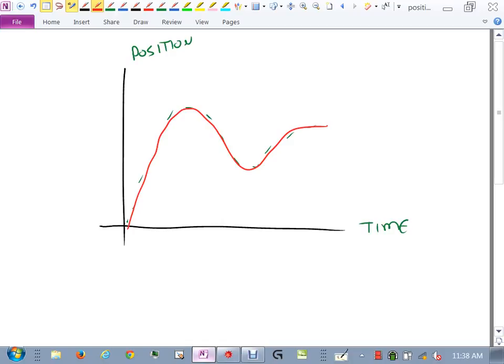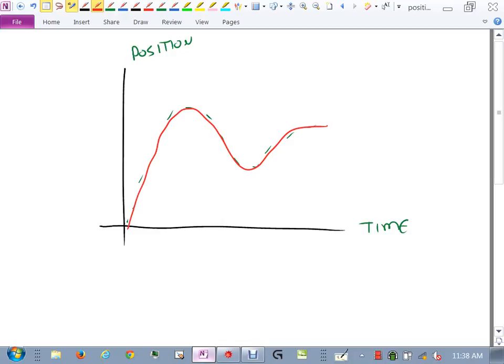Because knowing exactly where something is at every point in time, that's a lot of information to have, don't you think? That's what Cal 1 taught us. If you know where something is all the time, you can tell me its speed and its acceleration all the time.